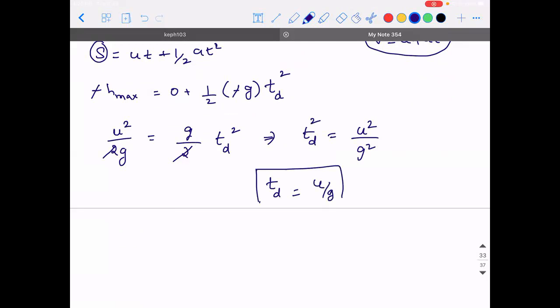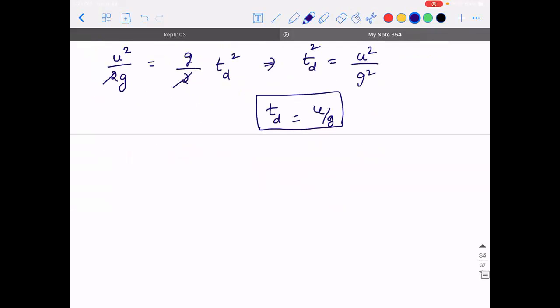What is that you guys understood from this? Time of descent is equal to time of ascent, when air resistance or drag is equal to 0. Drag means the frictional force offered by any gaseous medium.